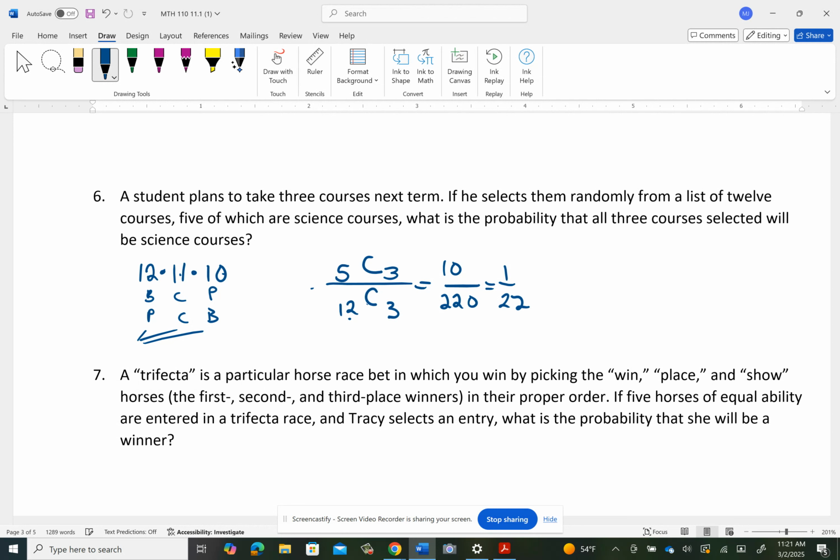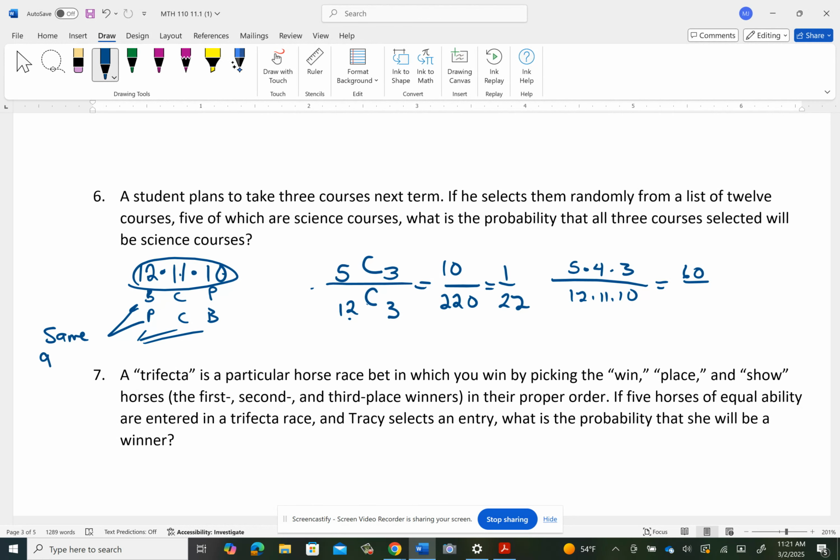All right, now it's kind of interesting though. If I had done it like it was a permutation, like did it more like this, which is really a permutation idea, did 12 times 11 times 10, and then on top thought about 5 science classes to start with, then 4, then 3, that would also work, okay, even though it doesn't seem to be the right thinking, since you would want these to be considered the same group.